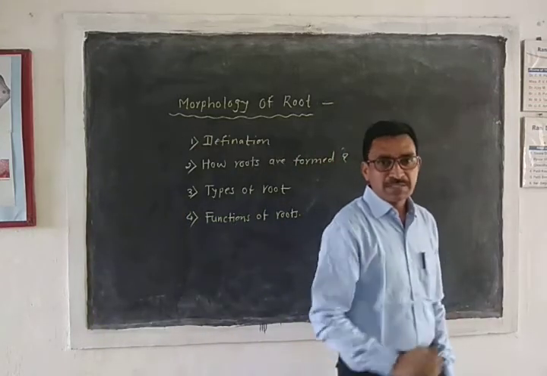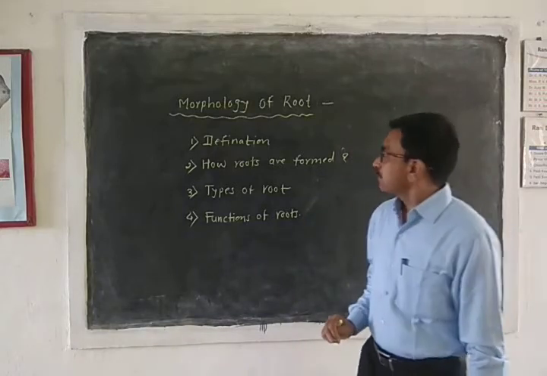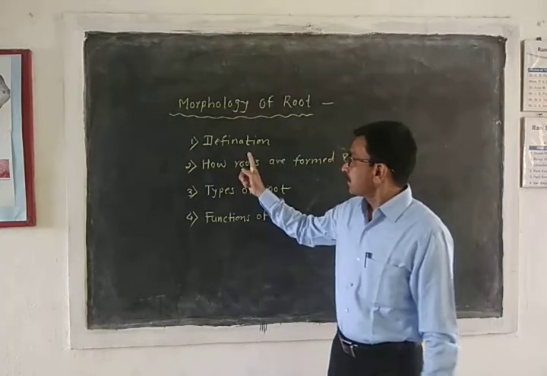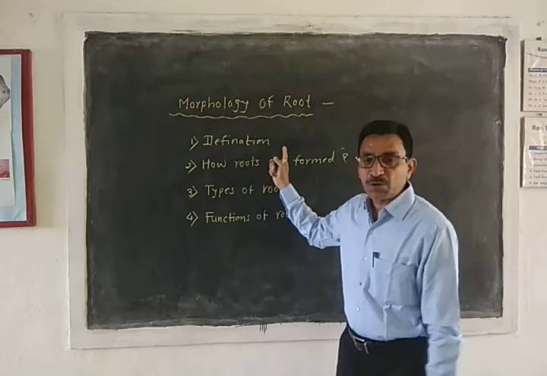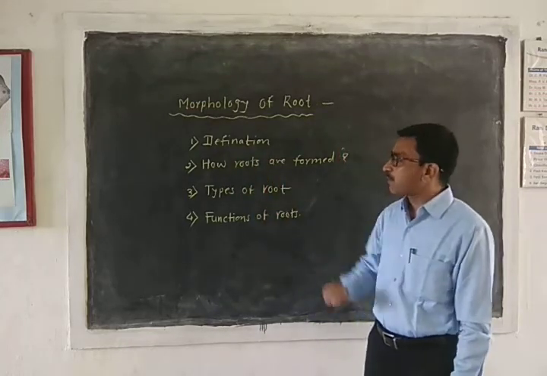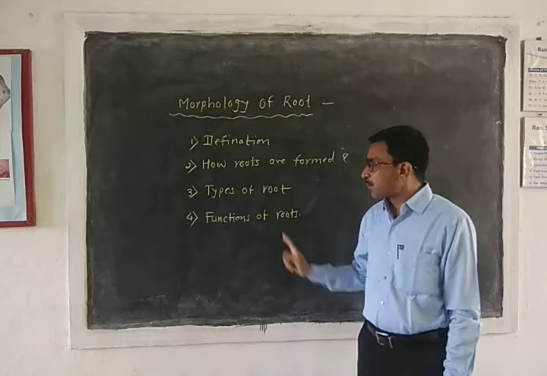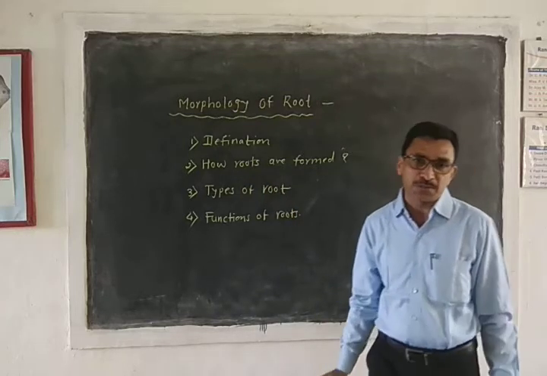There are 4 points in this unit. The first, what is root, means definition of root. Second one is how roots are formed. Third, types of roots, and last one is the functions of roots.